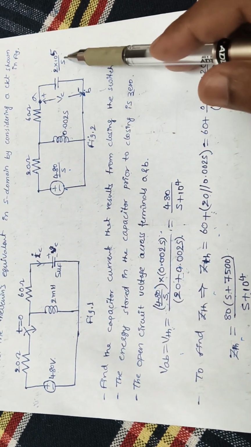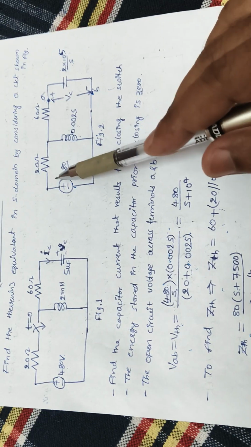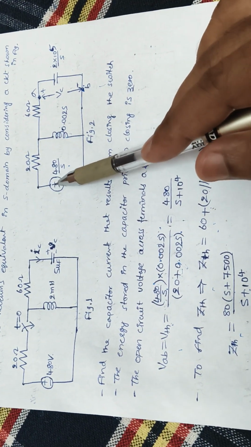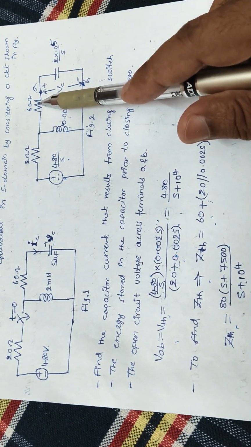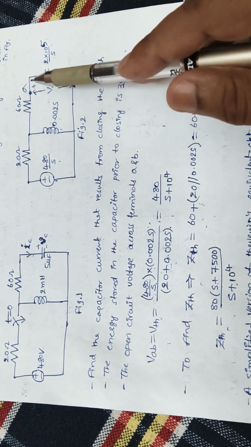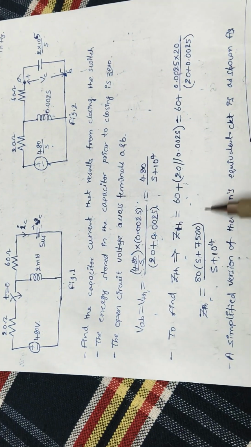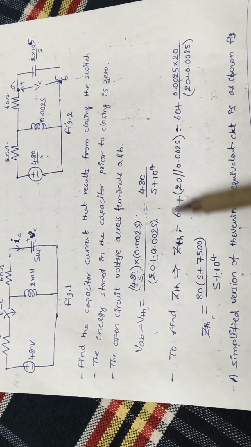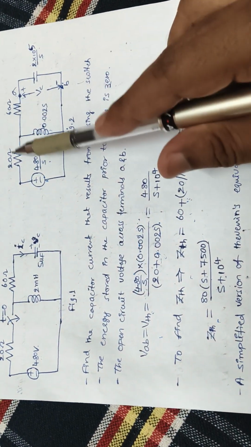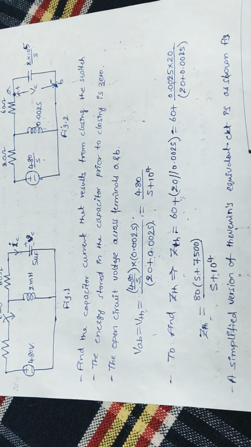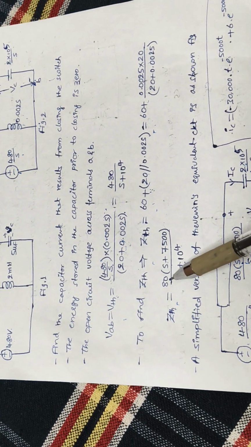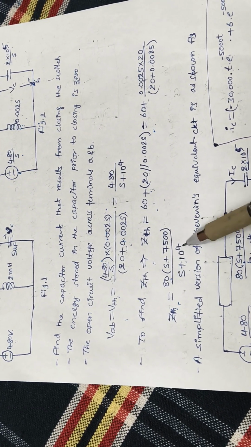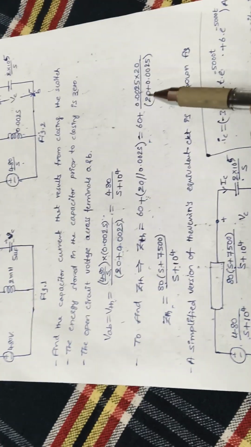To find the impedance, like I said, in Thevenin's the voltage source needs to be short circuited. These two are connected in parallel, which is in series with the 60. To find the resistance between A and B, ZTH is equal to 60 plus 20 parallel with 0.002 into S. If you simplify this, you'll get ZTH as 80 of S plus 7500 by S plus 10 power 4.